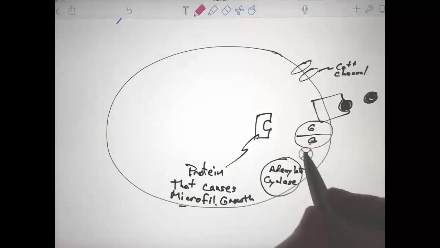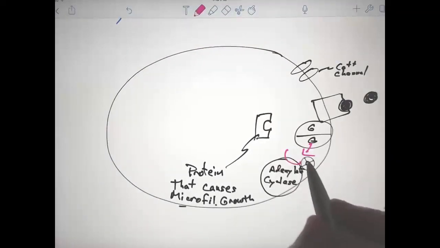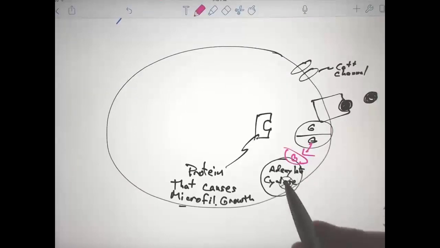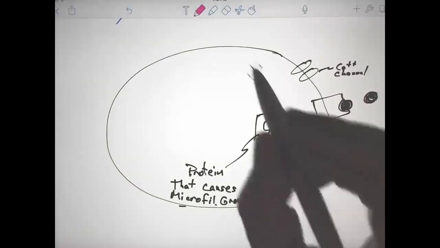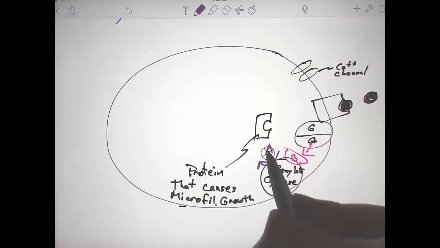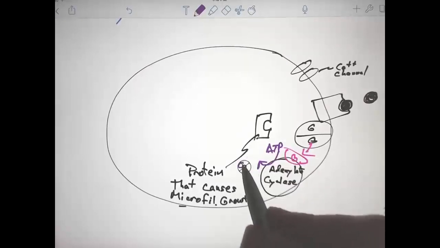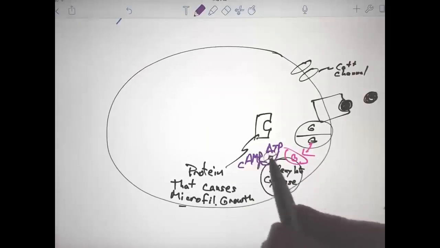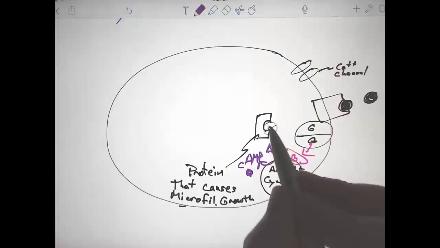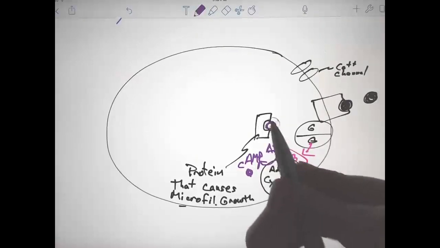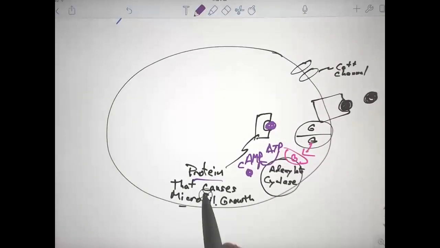That receptor binding activates a G protein to separate, going to adenylate cyclase, which converts ATP into cyclic AMP, and cyclic AMP then might bind to a protein that causes microfilament growth.